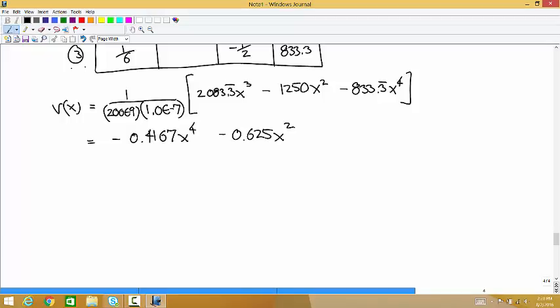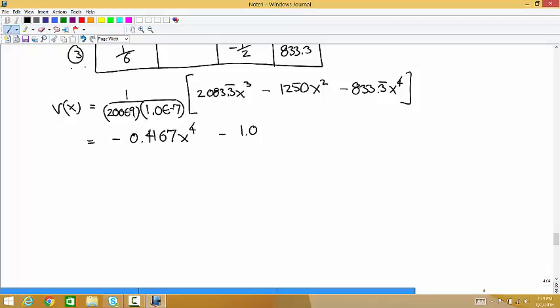Okay. 1.04165 x cubed. Are these all off by a factor of 10?